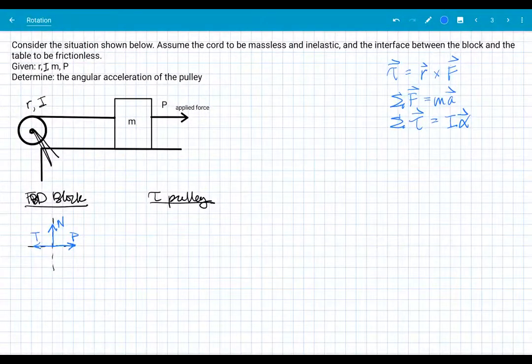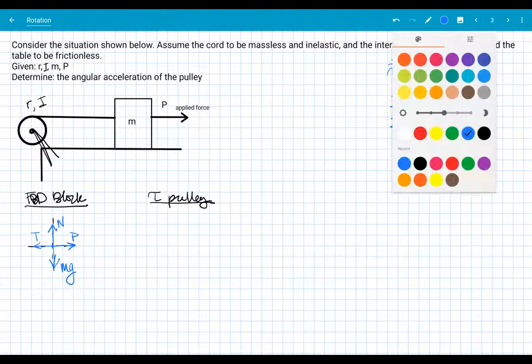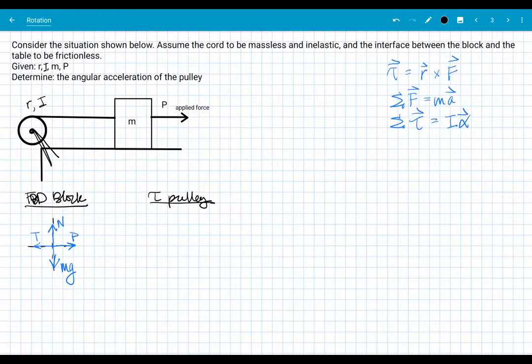I'll call that tension T. And then, of course, the weight of the block downward. All right. And then I'm going to put a coordinate system on here, rightward and upward positive, again attempting to align my positive with the direction of acceleration. So that's it for the block.